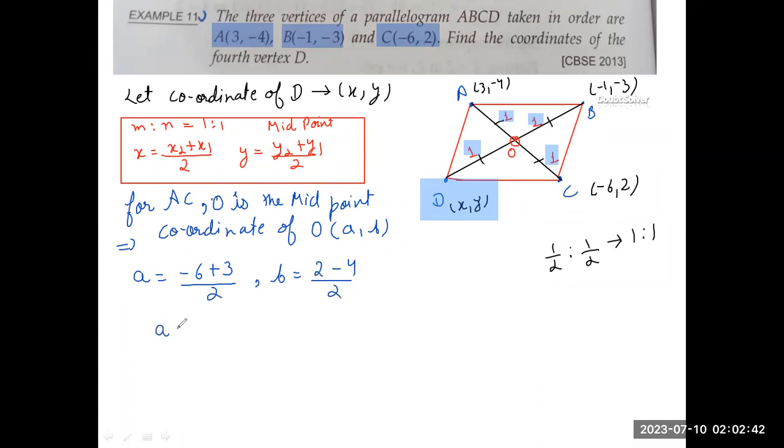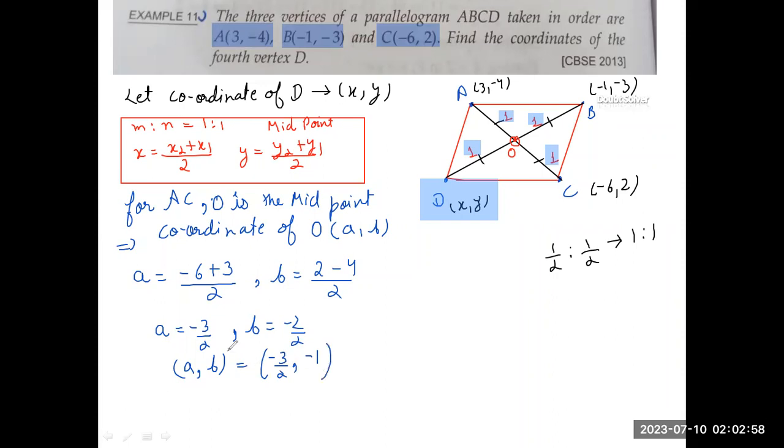So I got x as -3/2 and y as -2/2. Or I can say the point is (-3/2, -1).